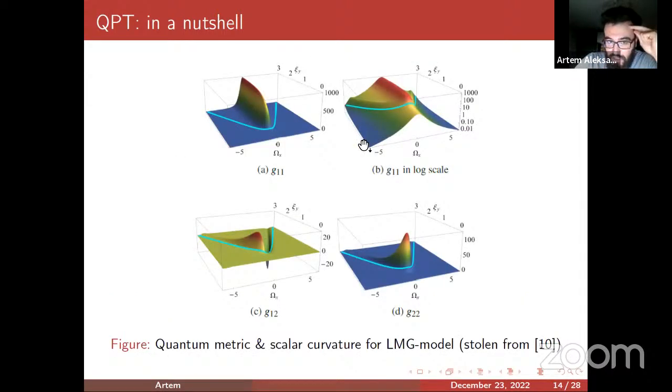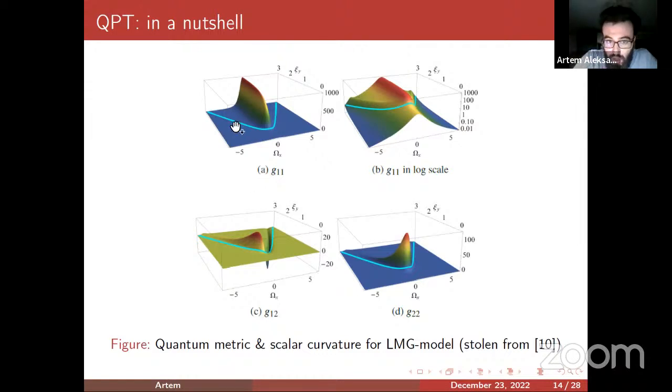On this slide, you can see the quantum metric and the scalar curvature for a more complicated model. It is called the LMG model, the Lipkin-Meshkov-Glick model. It is very similar to the XY chain with all-to-all coupling. So we consider the simple XY chain, but all spins are coupled to each other.